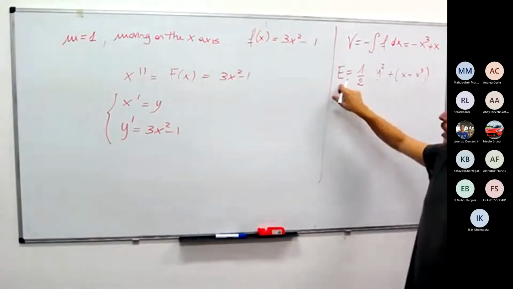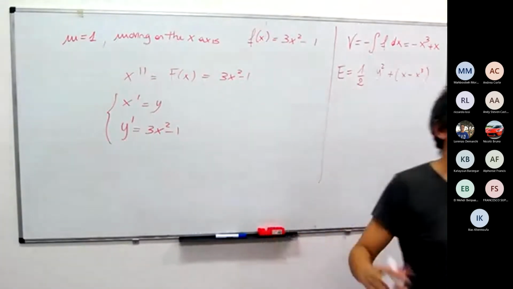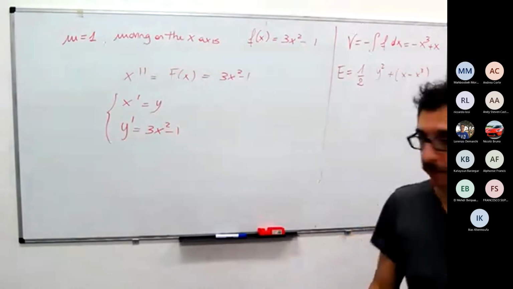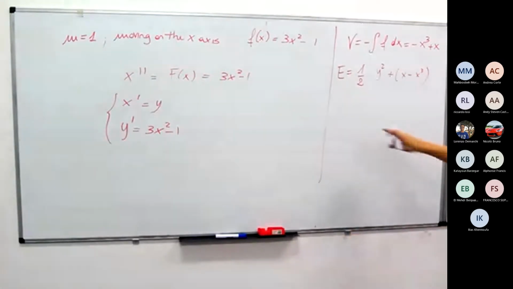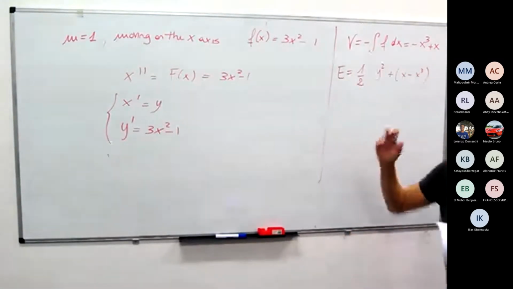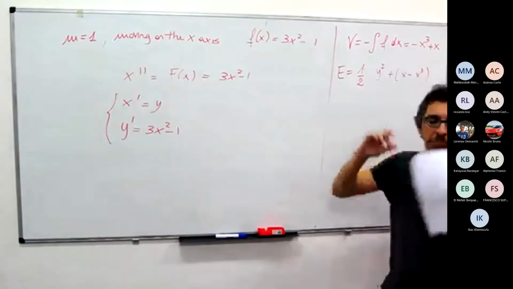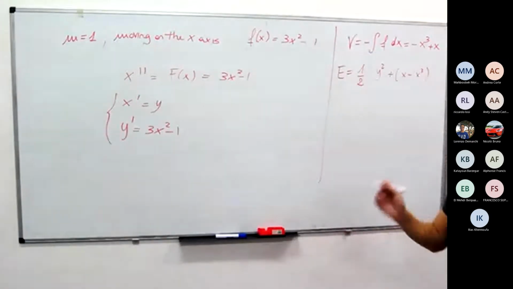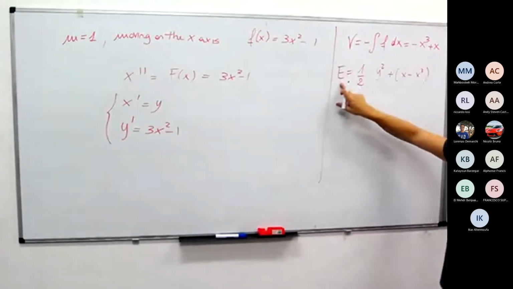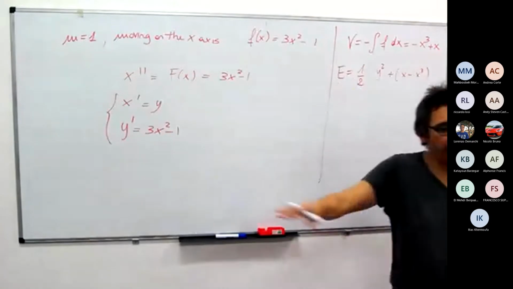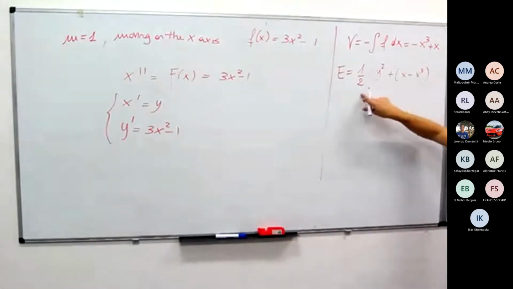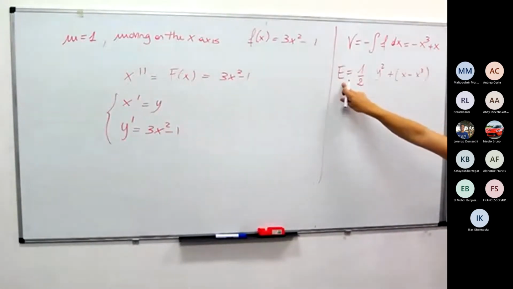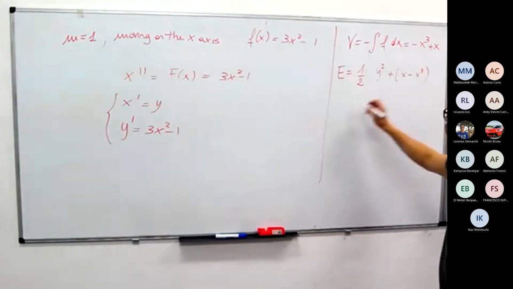From here, E, the energy, is some number. So you are saying that your system has an energy of, say, 10. So what you are doing is to define an energy level, and you have to solve this equation for that energy level with E equal to 10.